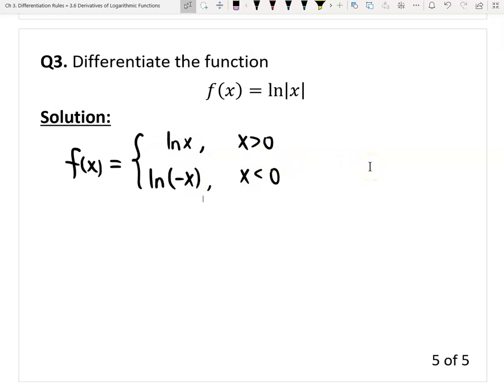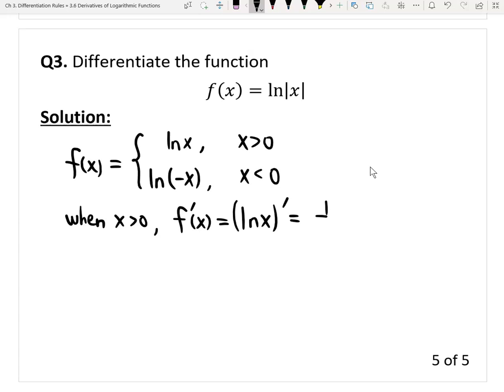First, when x is greater than 0, the derivative of f is the derivative of ln x, which is 1 over x, the reciprocal.